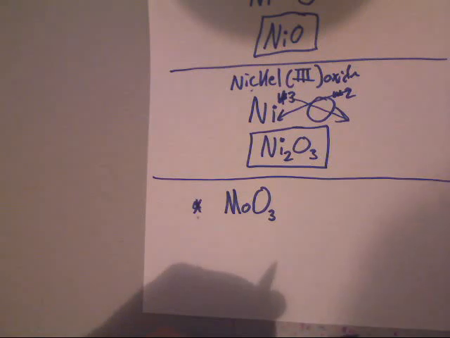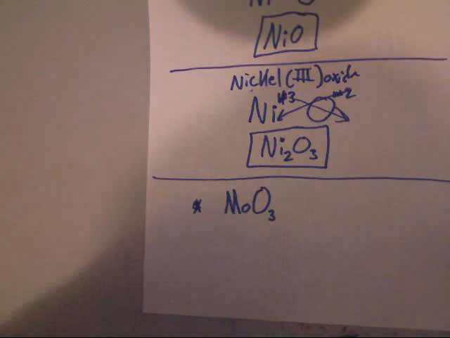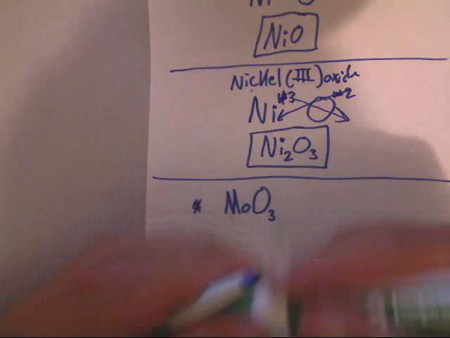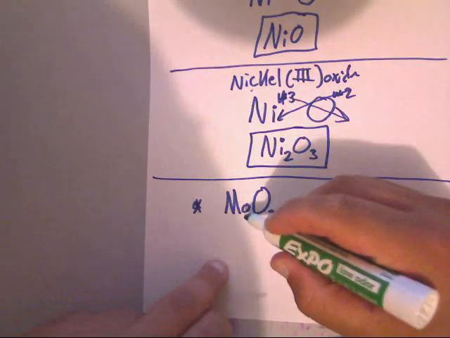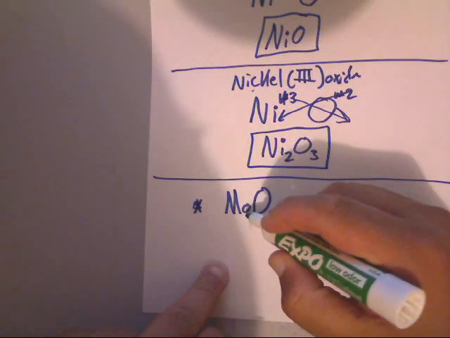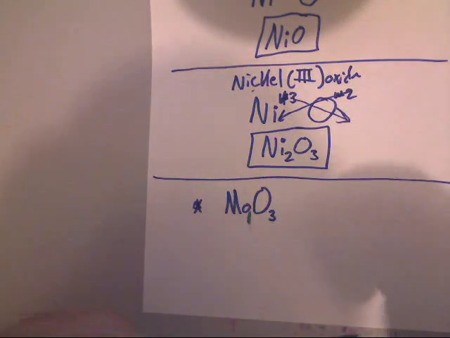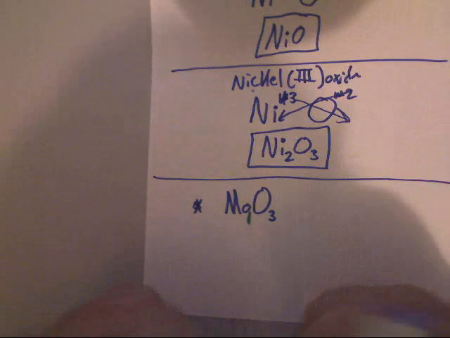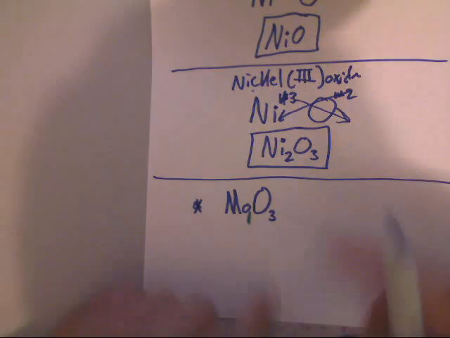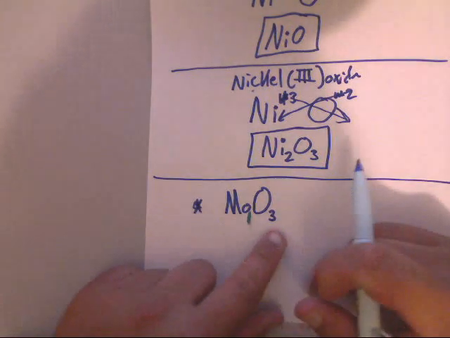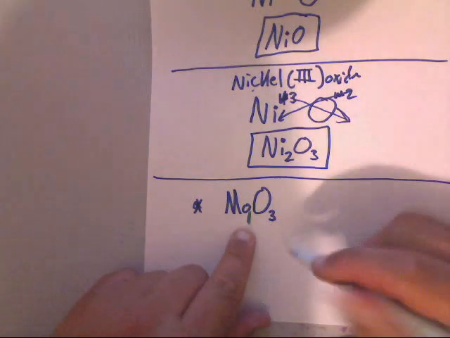Let me see if I can find another color of marker, and I'll try to write that in for you. I'll use a green Expo because that's all I've got. And it's actually a 1. Now I got all my subscripts labeled. Now I'm going to bring them up.